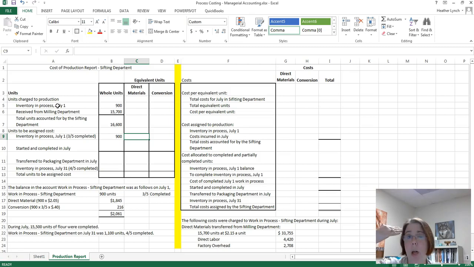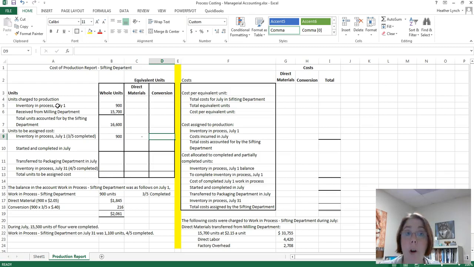Critically think about this: we can't sift anything without the actual product. So we're not going to have any direct material. If something doesn't quite make sense, like why would we have more direct materials added to this, that's thinking a little bit critically.